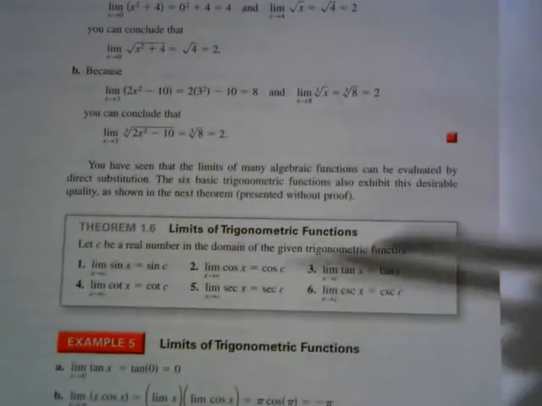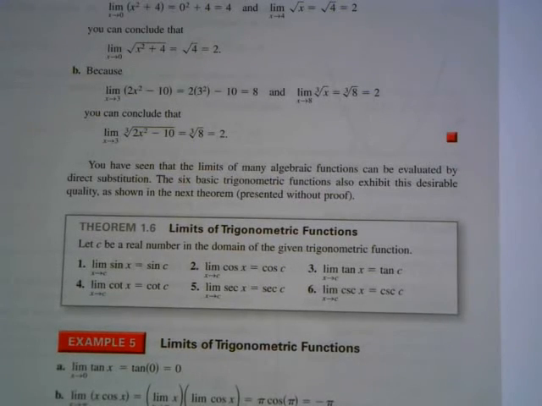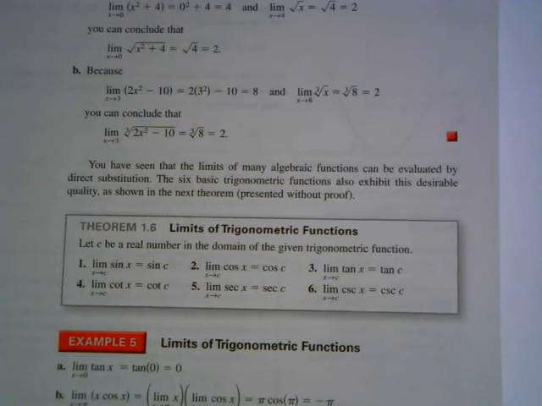Basically, what all these theorems combined go to say is that if you can go ahead and plug the number in and you don't end up with an error like a division by zero, go ahead and plug the number in and that's your answer.